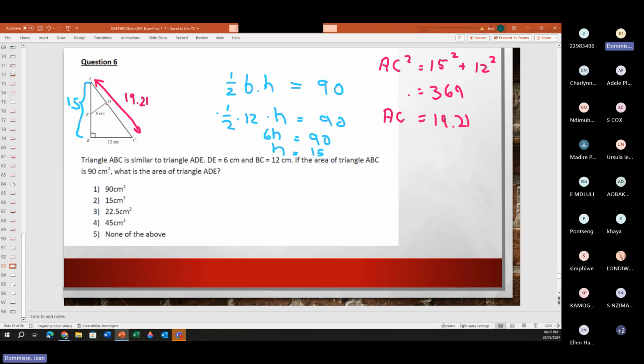Now we don't know how long AD is. They don't tell us what that length is. We need to at least know what AD is, and they don't give us information on that.